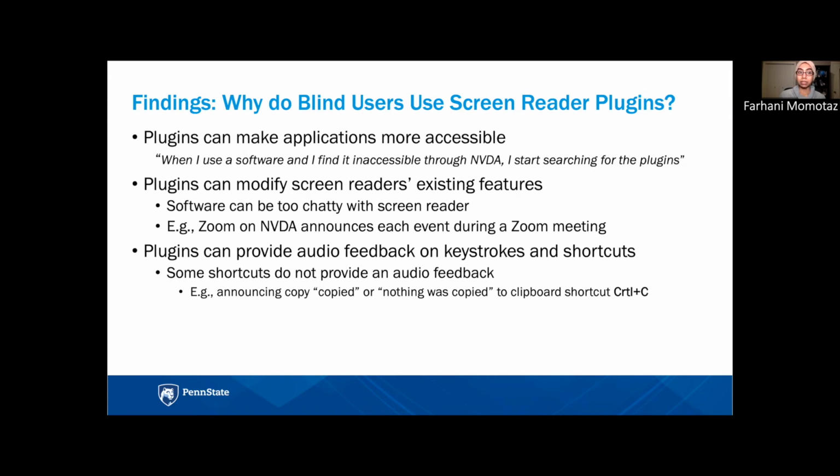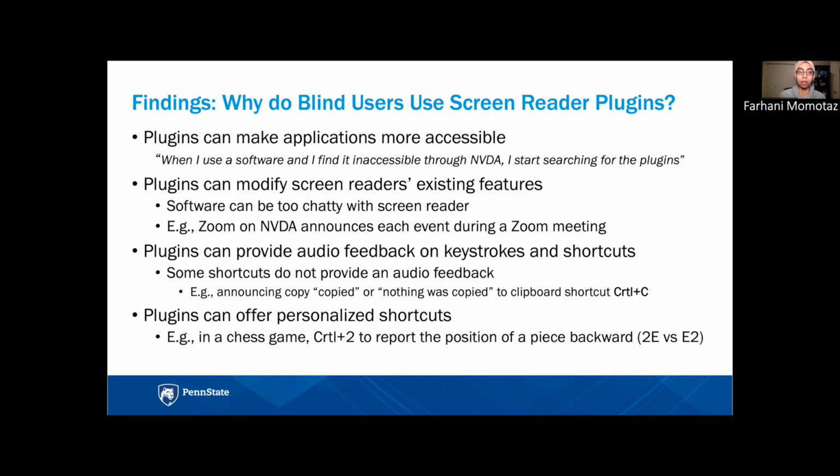Third, plugins can provide audio feedback on keystrokes and shortcuts. For example, a popular copy shortcut Ctrl-C does not provide an audio feedback on NVDA. With a plugin, it can provide an audio feedback like copied or nothing was copied when Ctrl-C is pressed. Fourth, plugins can offer personalized shortcuts.